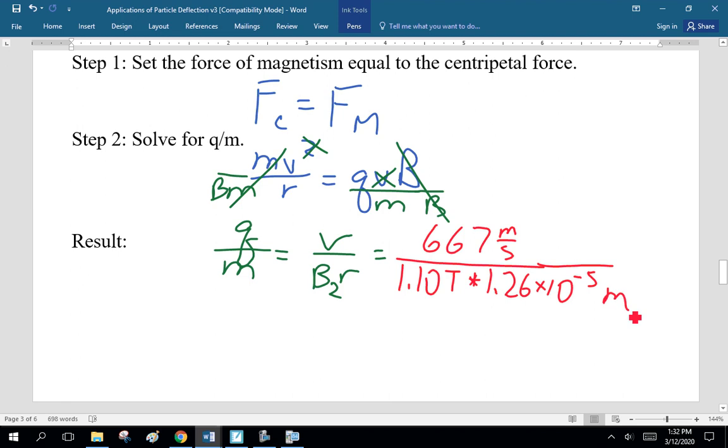So, what's a charge to mass? What is our charge to mass ratio of this? Somebody tell me. And that is coulombs per kilogram.